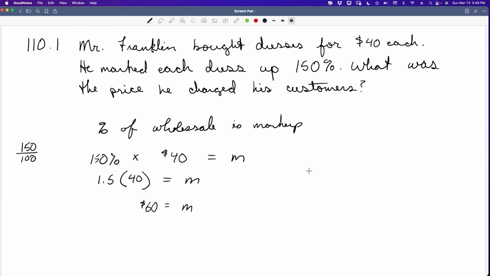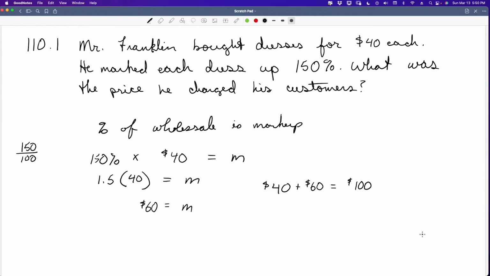So the markup is going to be added to the original wholesale price of the dress. So we take the original $40, and then we add the markup to that, and then that is going to be our sale price of $100. So that is what he charged his customers, was $100 per dress.